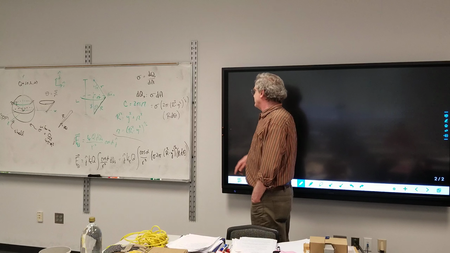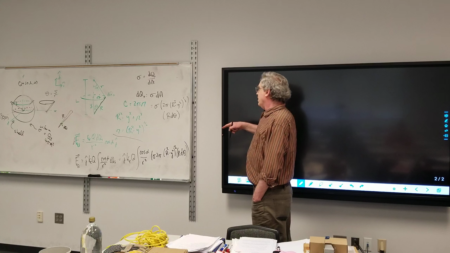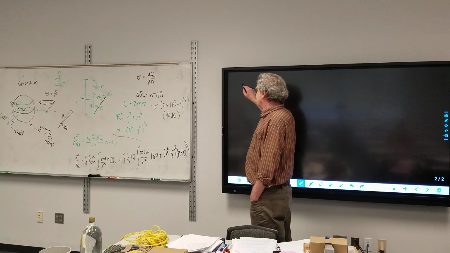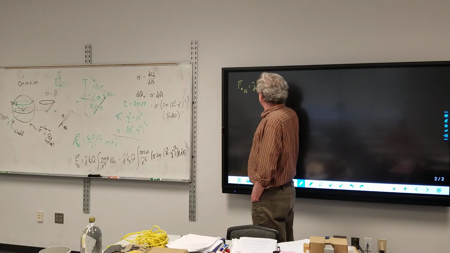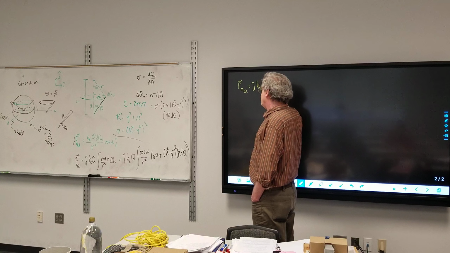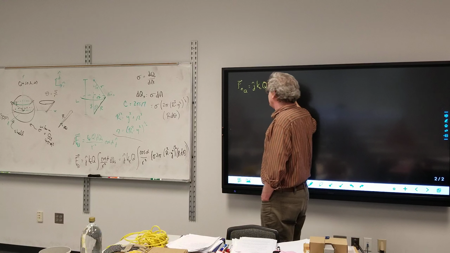All right, let's pull the constants out front that we can. Big R is a constant, that's the radius of the sphere. So we have this electric force on Q, j hat, k sub e, big Q, big R, sigma 2 pi.